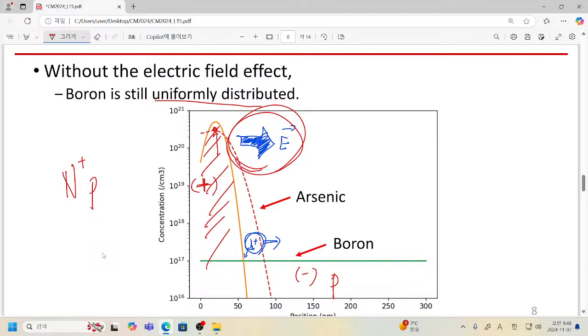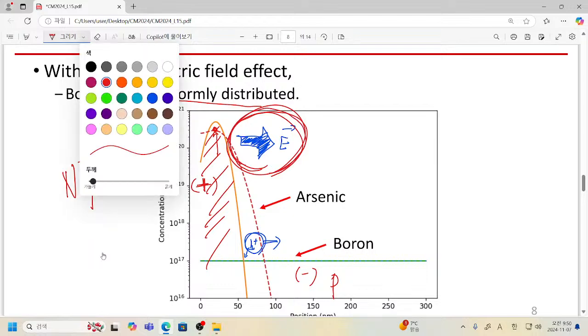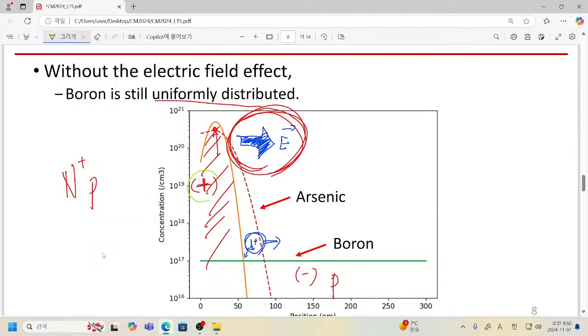Please have a look at the sign or direction of the built-in electric field. What we can expect is, from the action of this built-in electric field, our positively charged donors will be drained further into this deep substrate.